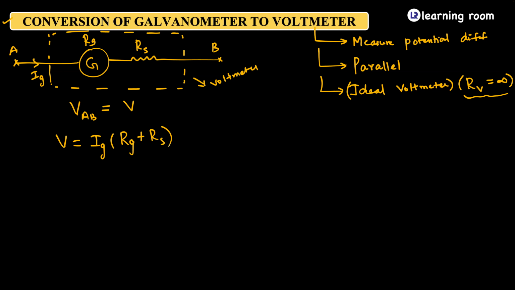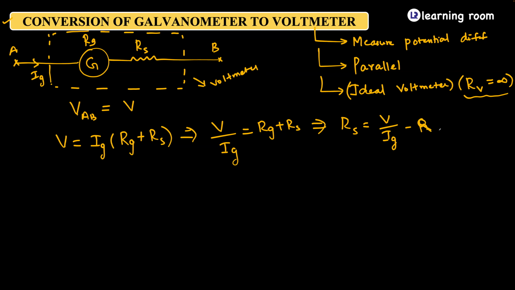Bring Ig to the left-hand side. This implies V divided by Ig is equal to Rg plus Rs. And the next step is going to be Rs is equal to V divided by Ig minus Rg.